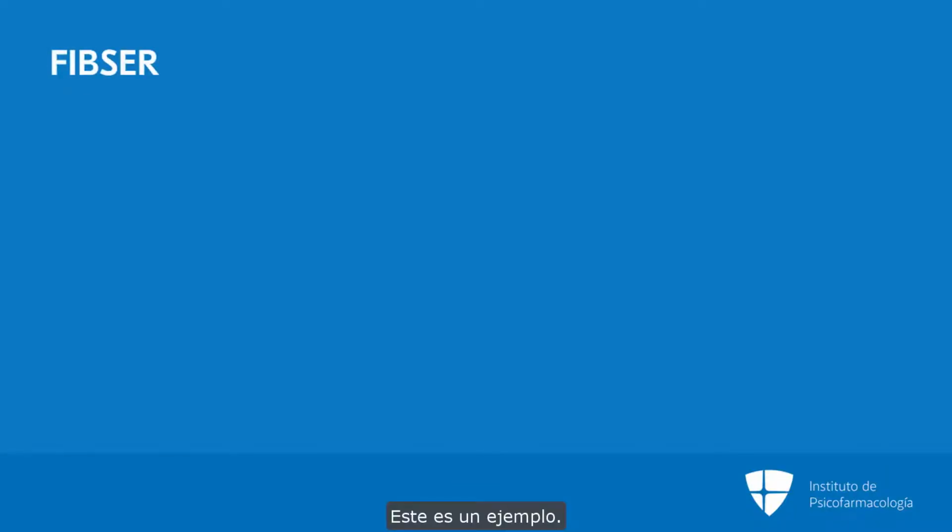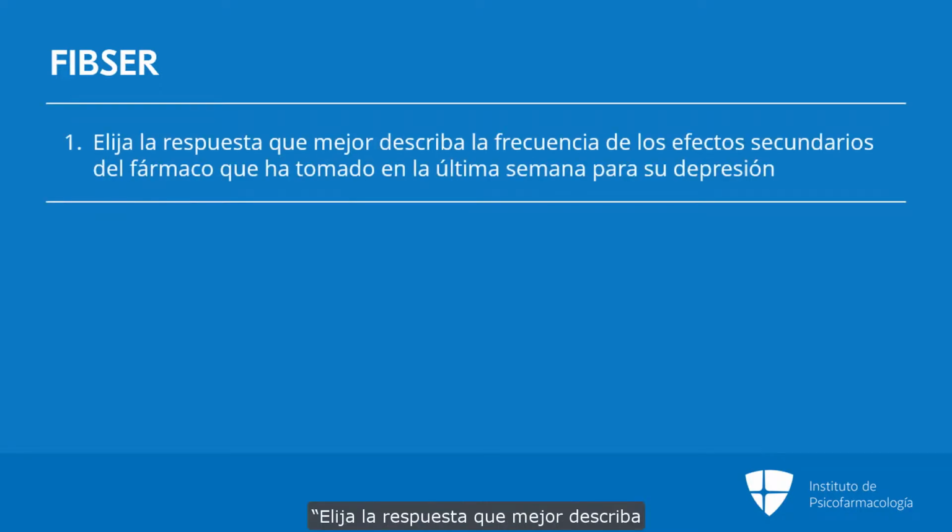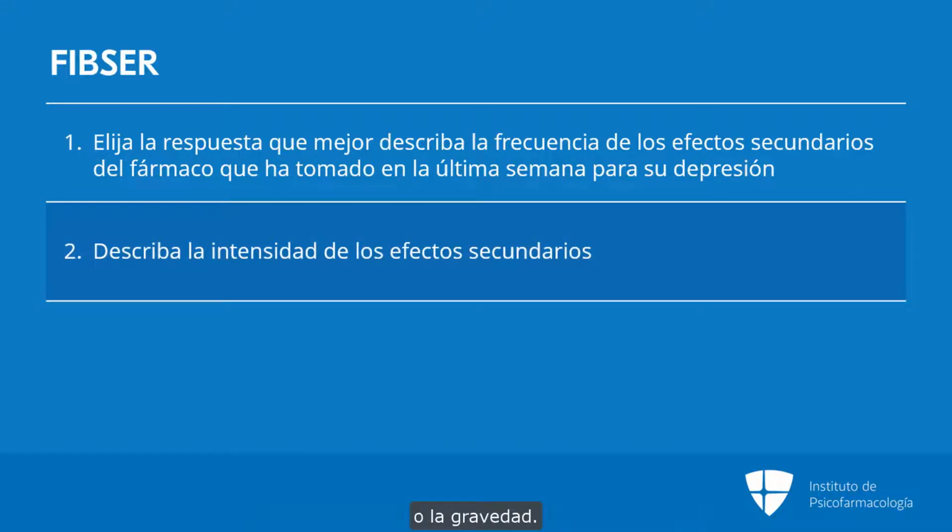So here's an example. Number 1, choose the response that best describes the frequency. So how often did you have side effects of the medication you have taken in the past week for your depression. You could substitute a different psychiatric illness. And so the person says whether they have no side effects or the other extreme, present all the time. And then question 2 describes the intensity of the side effects. So how severe?